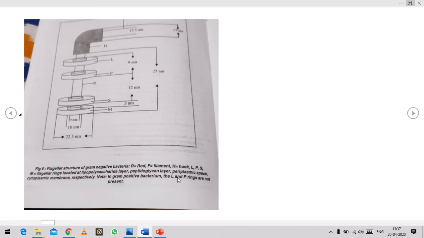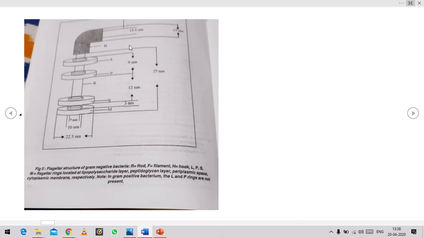But in gram-positive bacteria, the L and P rings are not present. Depending on the role in movement, the S and M rings are referred to as the rotor, which imparts the rotating function, and the stator is the stationary part of the motor.